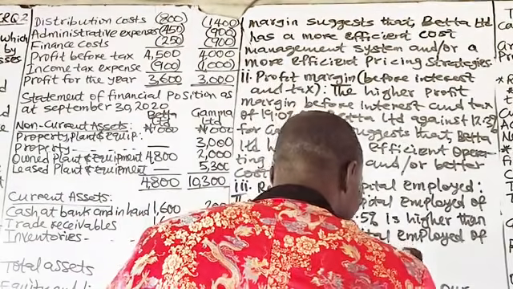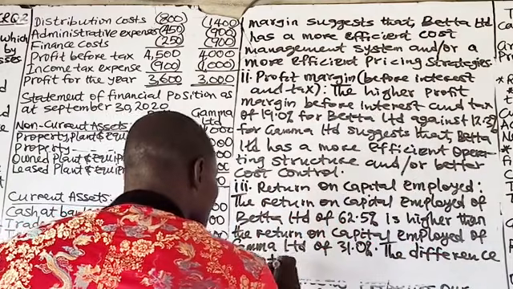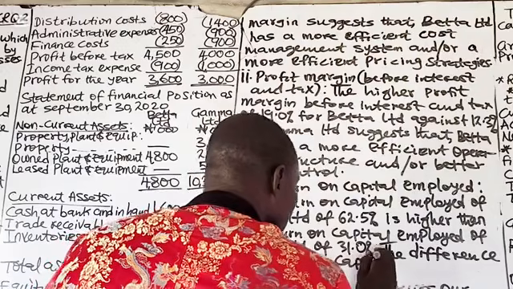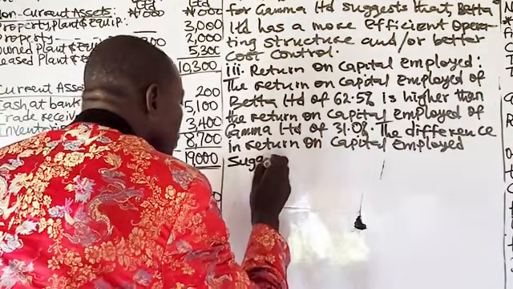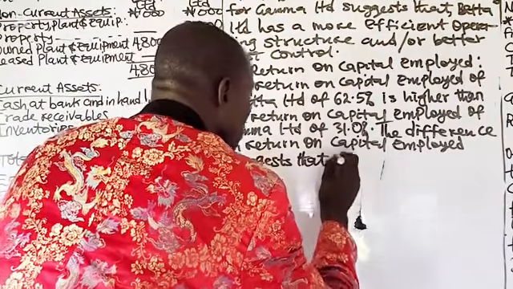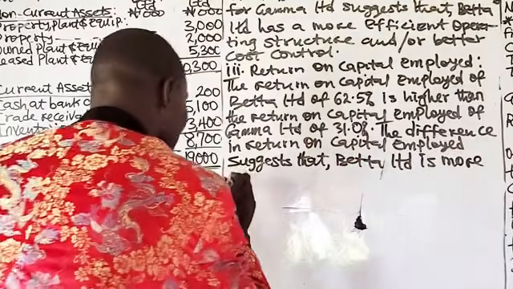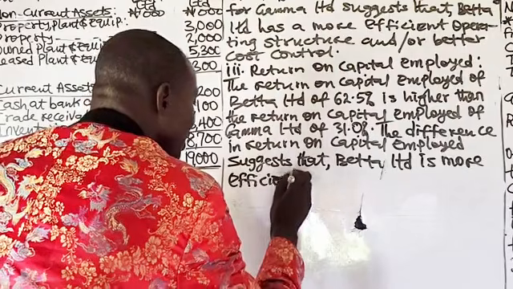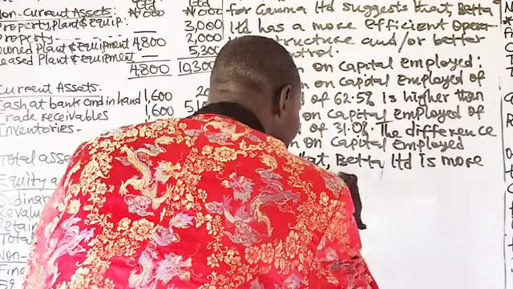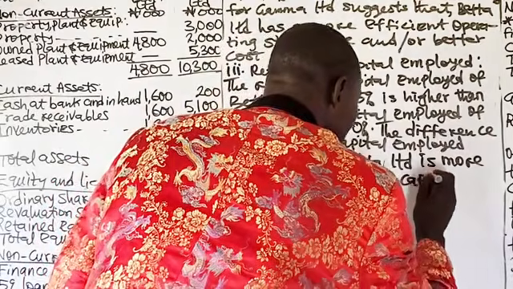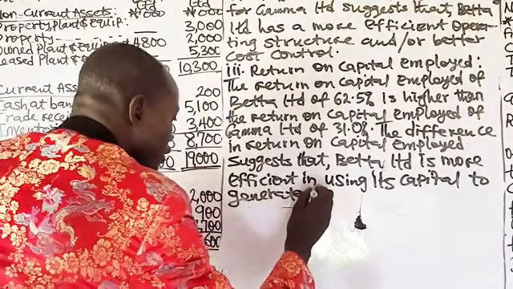The difference in return on capital employed suggests that Beta Limited is more efficient, they are more efficient in using its capital to generate profits.